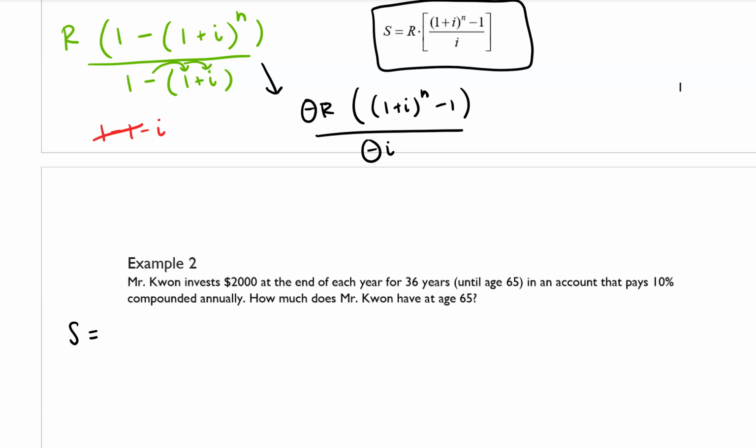So the future value of this ordinary annuity is going to equal the R value, which is the regular payments. So that would be 2,000. And we are going to multiply that by 1 plus the interest rate.